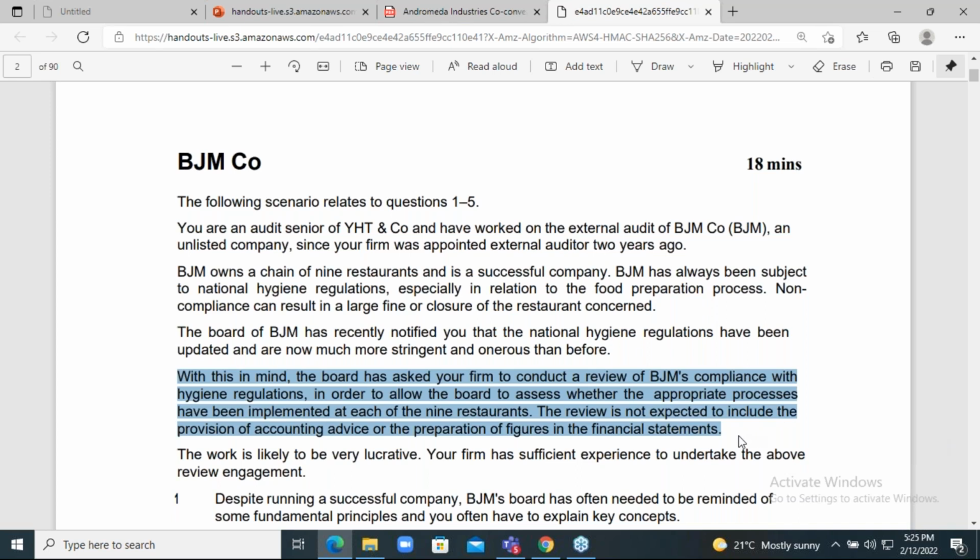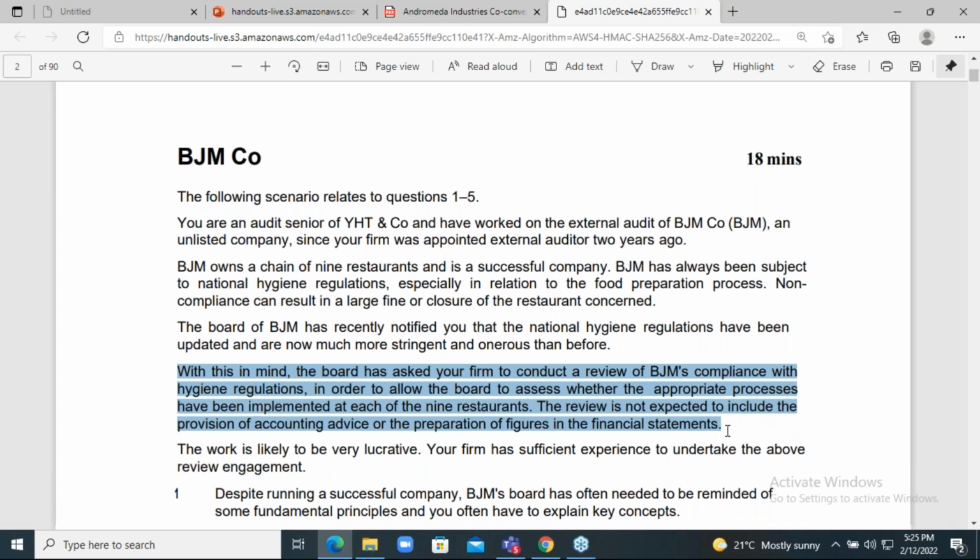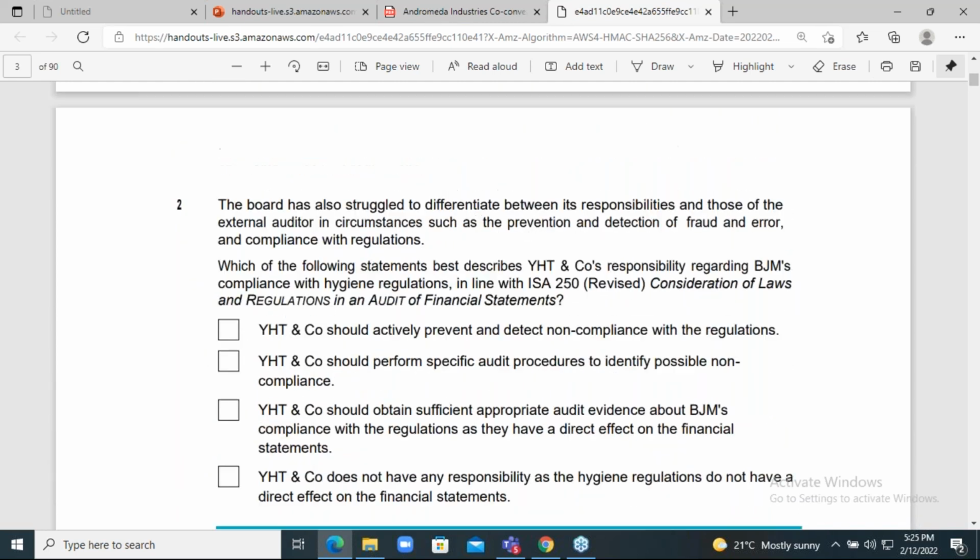Okay, so I'm hopeful you would have read this paragraph. So let's move to this requirement, requirement 2. Now dear students, what do you think which option is correct?